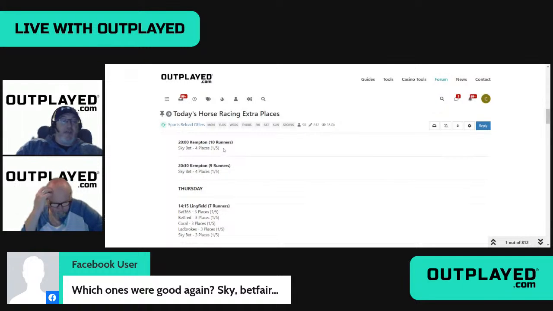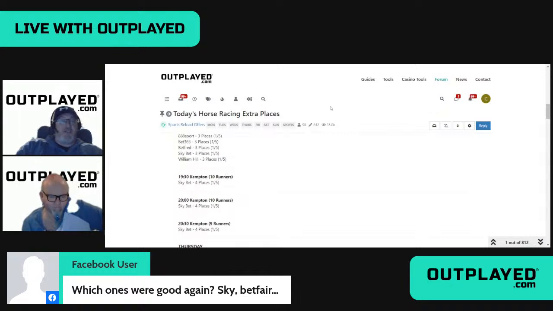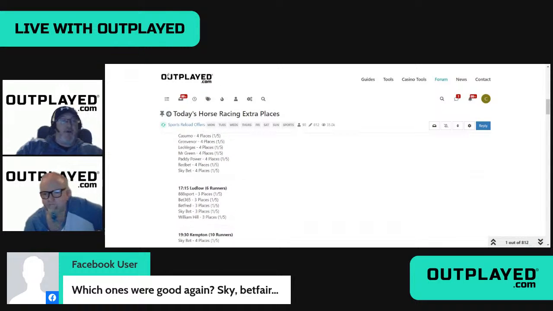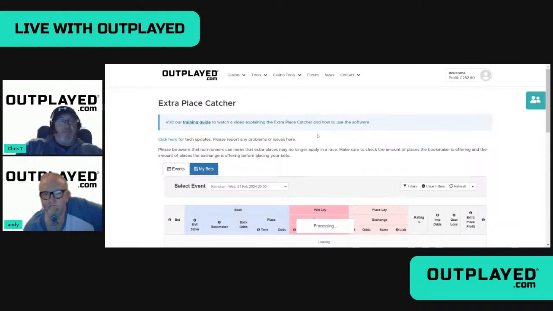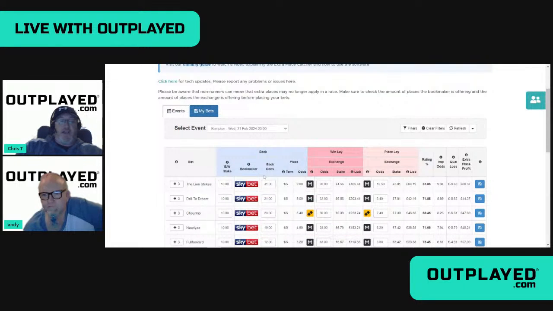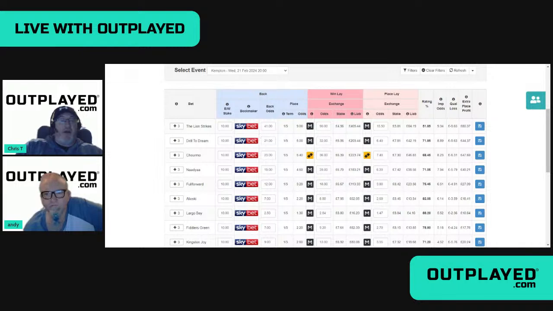So both at Kempton, Sky are offering 4 places on those two races instead of the industry standard of 3. So what we'd be looking at is we go back to the extra place catcher on the tools. And we can see Sky is the only result coming up.